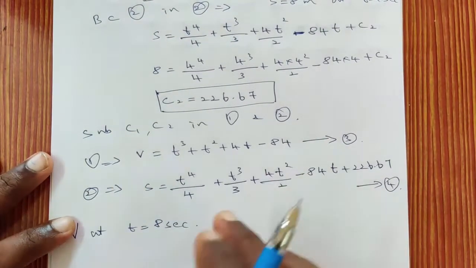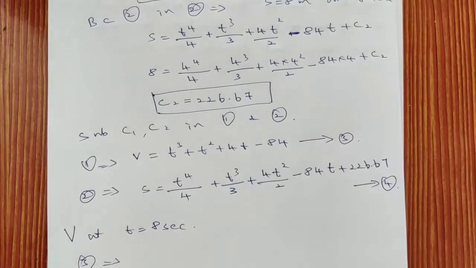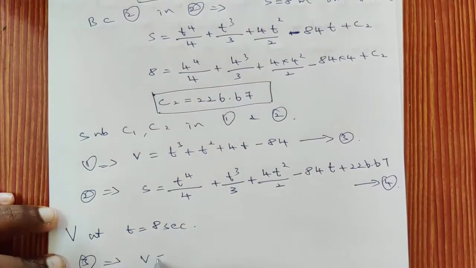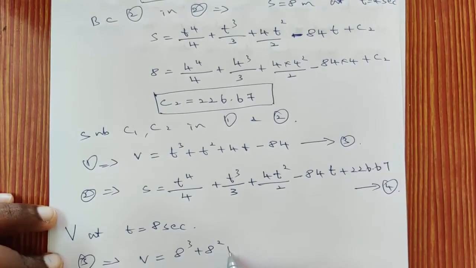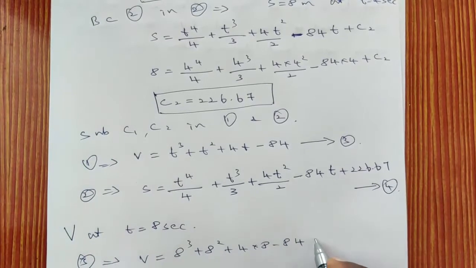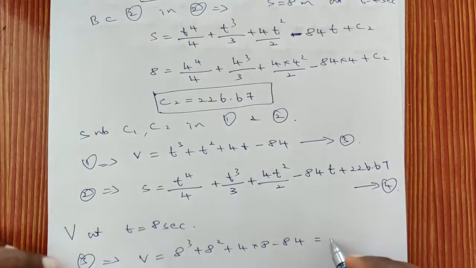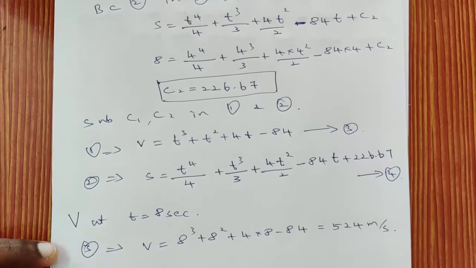So now in the third equation, substitute the value of t as 8 seconds. v is equal to 8 cube plus 8 square plus 4 into 8 minus 84. So if you solve this, you will get velocity is equal to 524 meter per second.